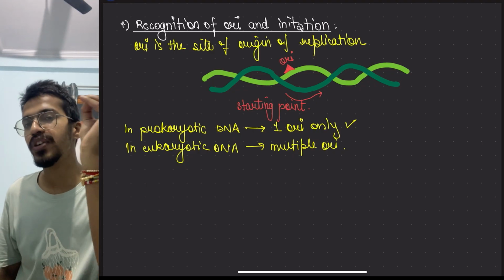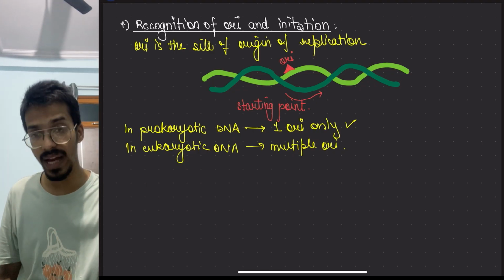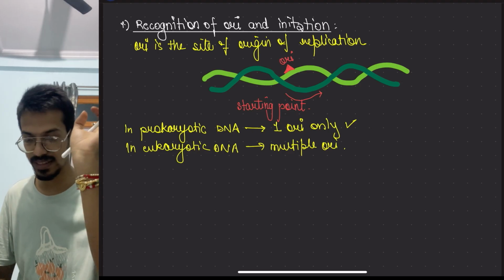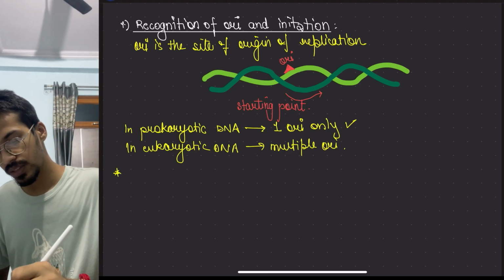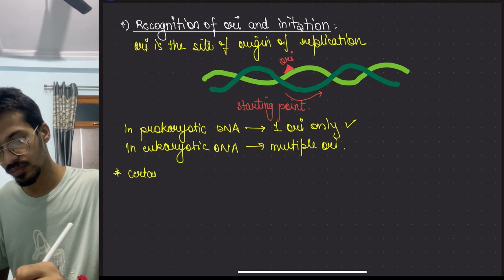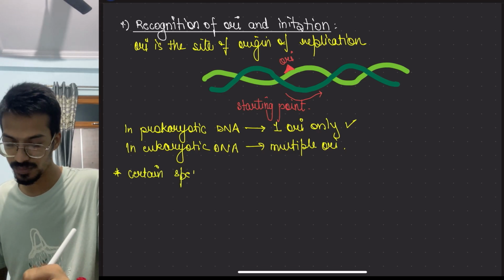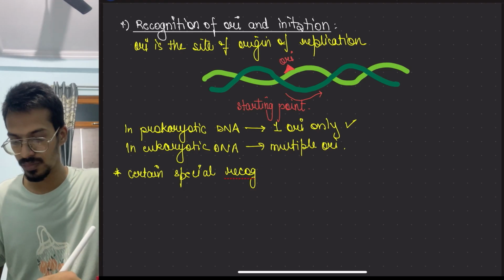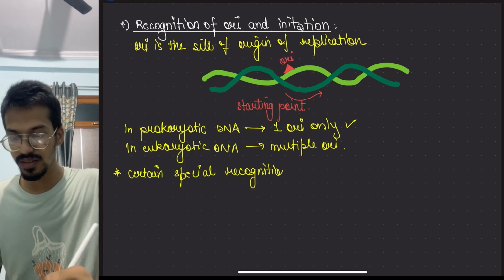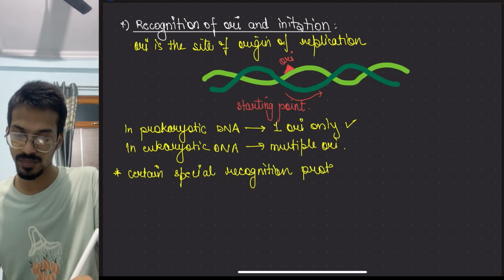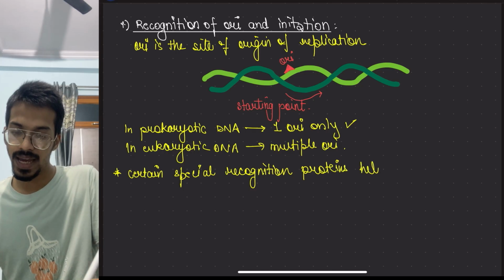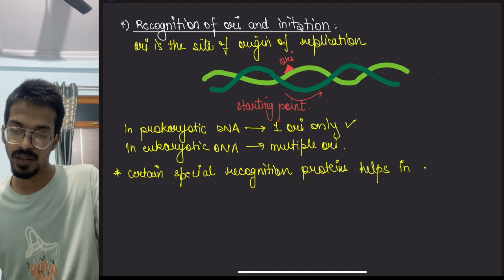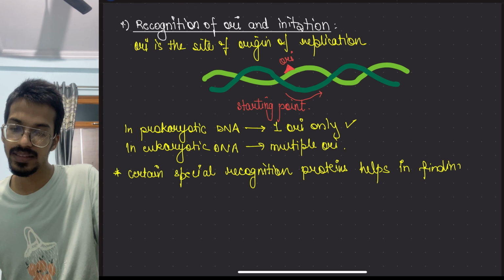And we need certain special types of proteins. Recognizing proteins will help in recognizing it. Certain special recognition proteins help in finding these sites.